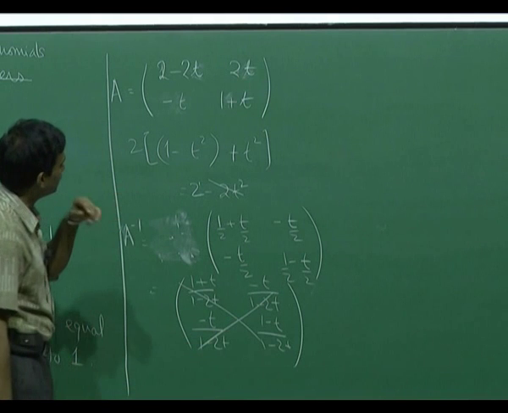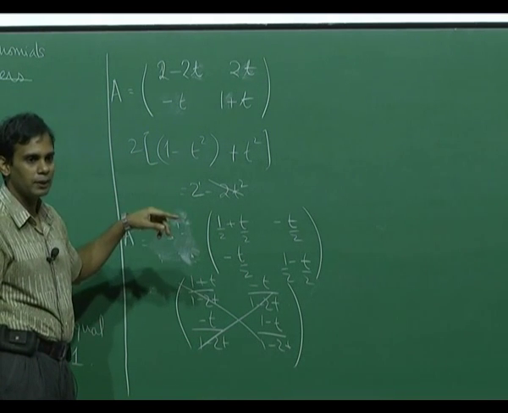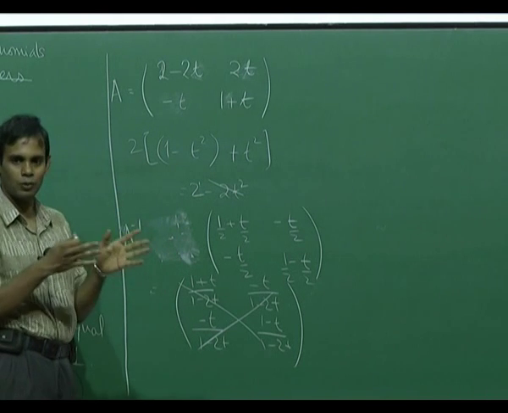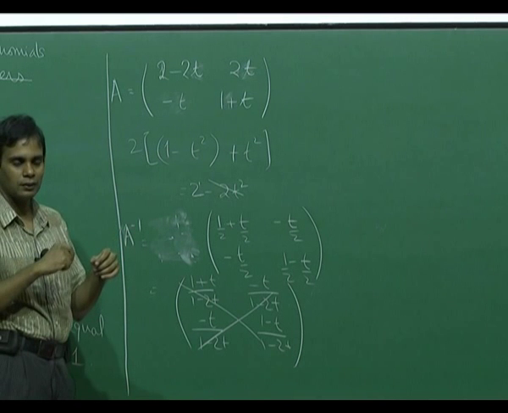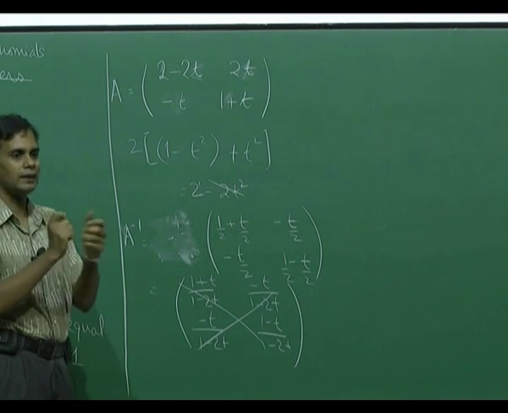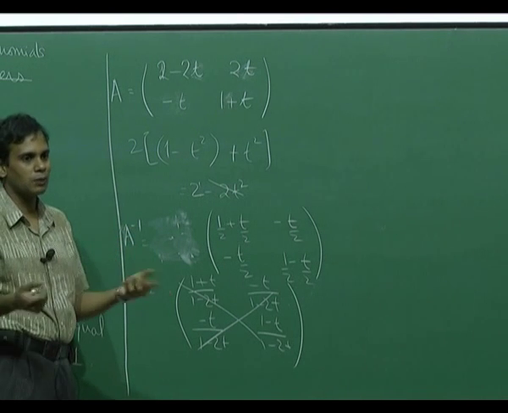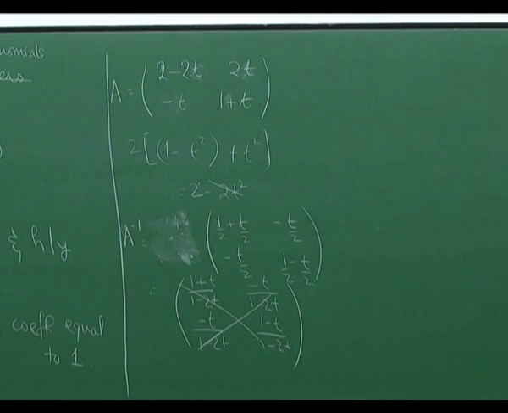So long as the determinant is a constant, you can invert the matrix, just using the same old rule of replacing the ijth entry by the minor of the jith entry with the sign minus 1 raised to i plus j and dividing by the determinant.